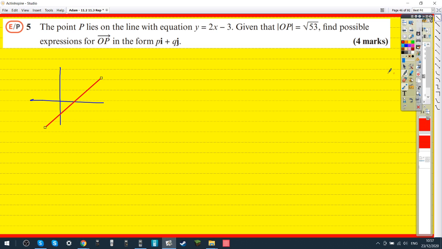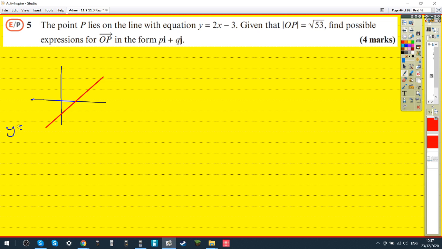So is that the equation y equals 2x minus 3? Mm-hmm. One important aspect of it, the gradient is 2, which is the same as 2 divided by 1, and that's change in y over change in x.